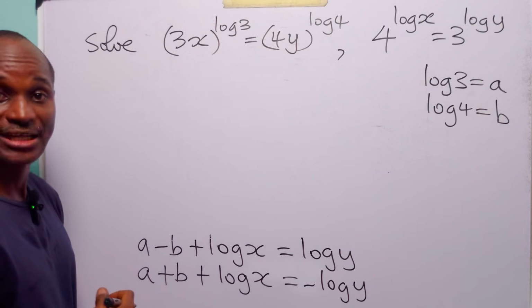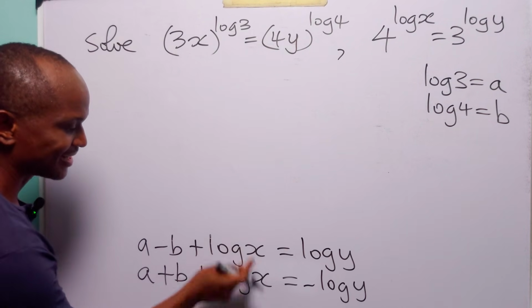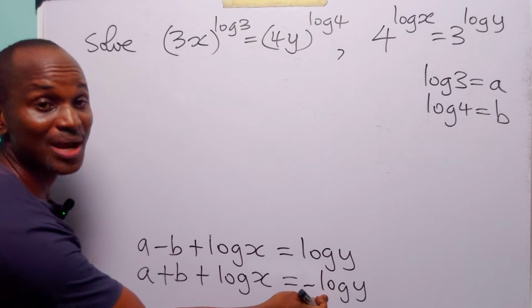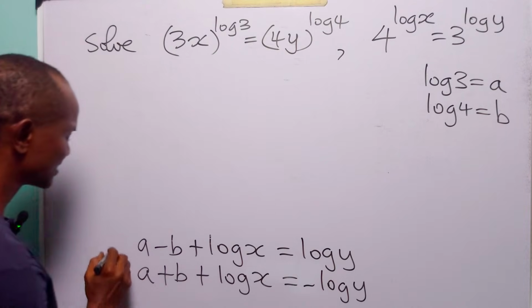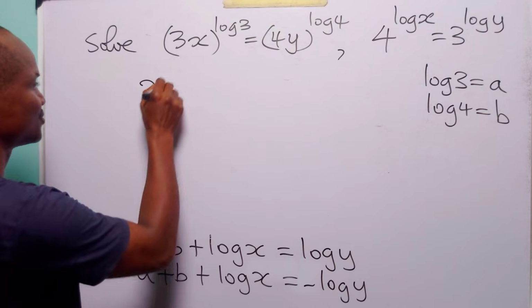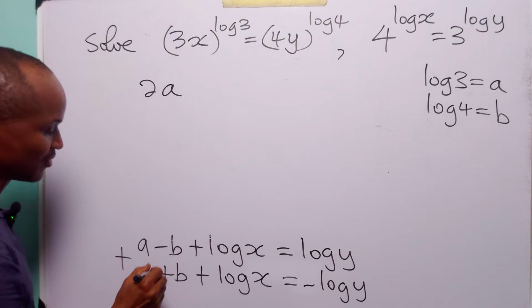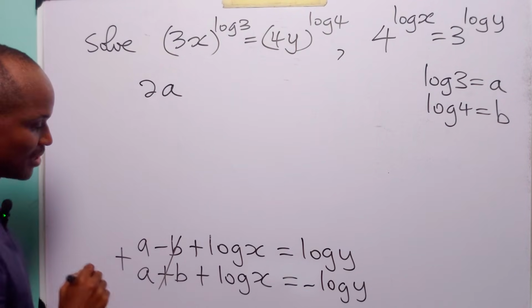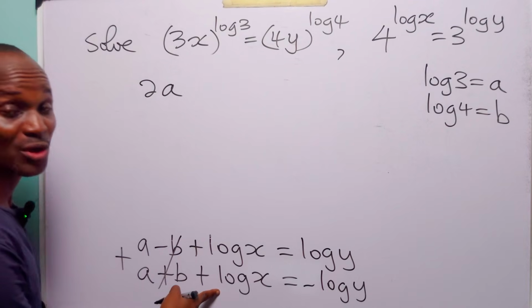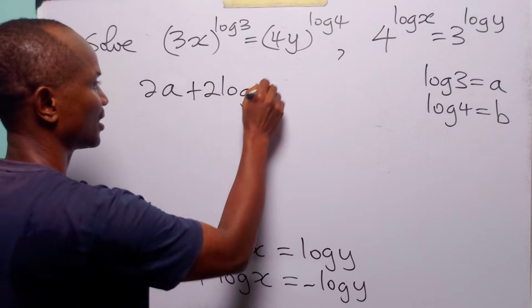We continue with the addition and subtraction process. Notice that if we add these two equations, we are going to eliminate log y. So that is exactly what we are going to do. We have a plus a, which is 2a. We have minus b plus b, which is equal to 0. Then we have log x plus log x, which is plus 2 log x.